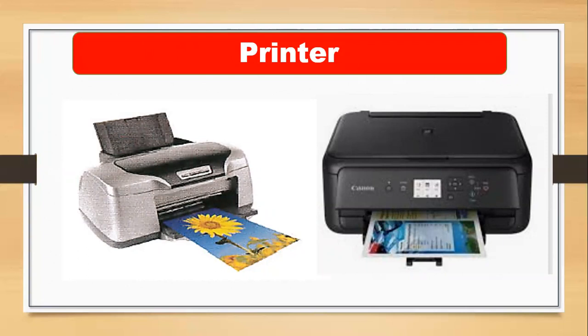So you need a printer because you want the picture out of the computer. So the printer is an output device, because the picture is coming out from the computer.